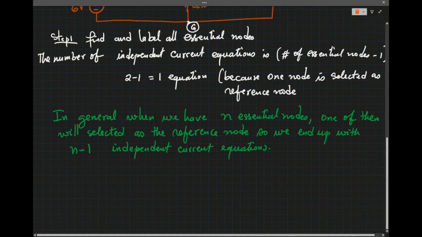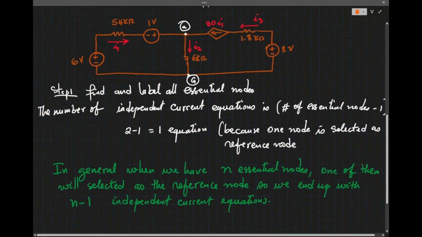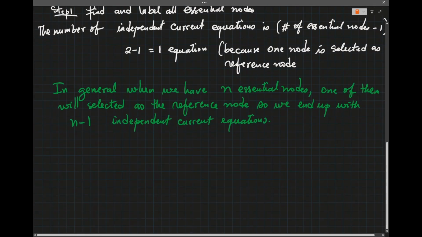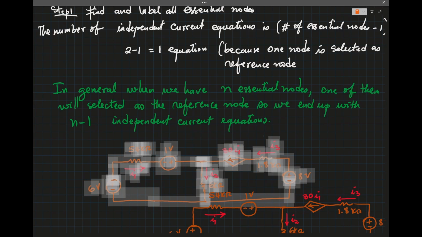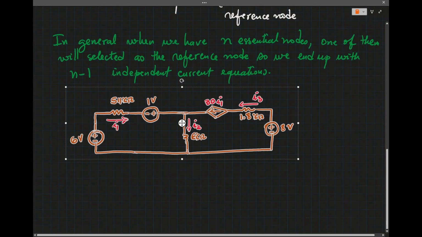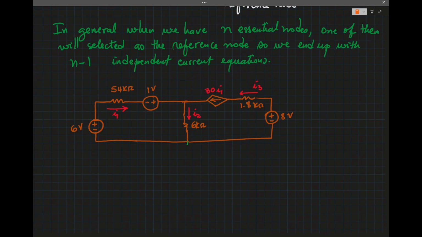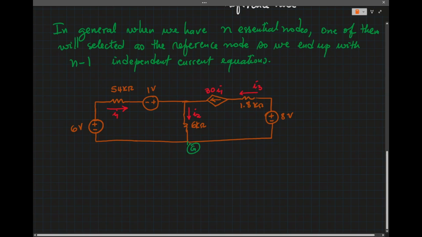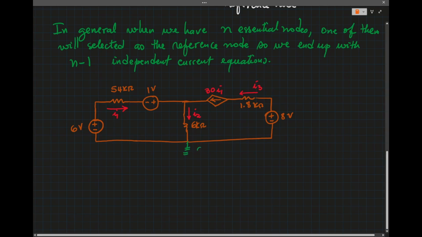So now I'm going to paste the network here. Then we use this as a reference. So G, we're going to assume that this is the ground.